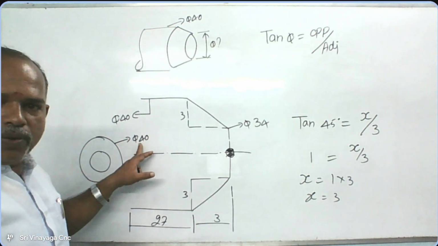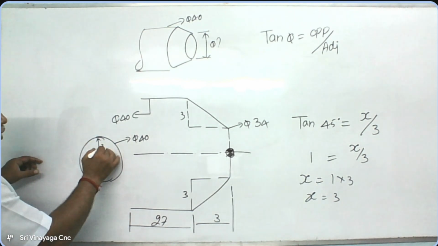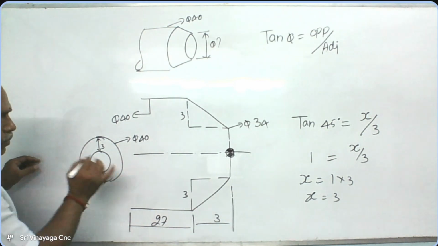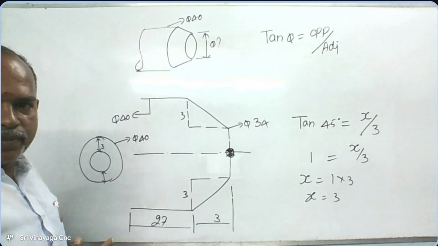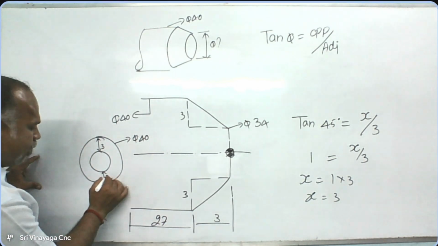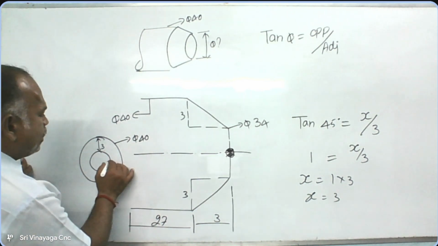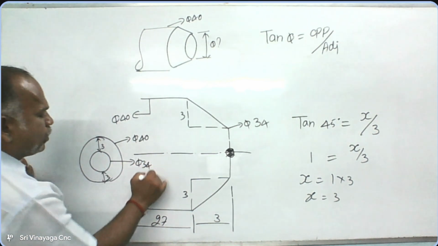This diameter, this is 3, this is also 3. The same figure. So this diameter will be 34. That's all.